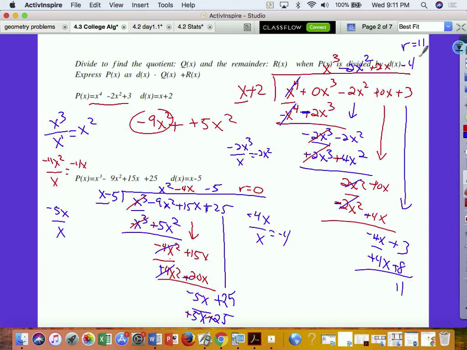Now, one thing we didn't do is we didn't rewrite this in terms of the division, the quotient, and the remainder. So I'm going to do that here. I'm going to say that x to the fourth minus 2x squared plus 3, I'm just going to leave out those zeros for a second, is equal to x plus 2, the divisor, times the quotient, plus the remainder.